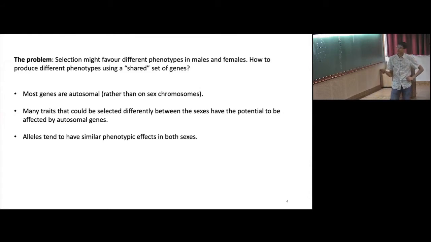And the other thing is that alleles tend to have similar phenotypic effects on both males and females. In other words, the taller allele, if you're looking at height, tends to increase height regardless of whether that allele is sitting in a male or sitting in a female.